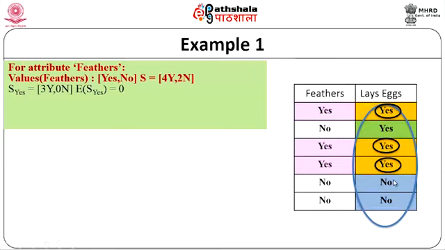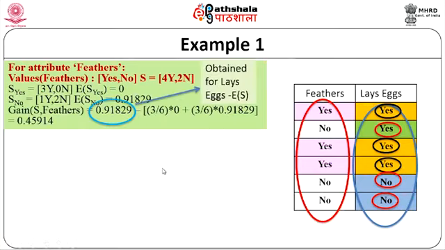So, the entropy is 0, as we told you: if everything has the same value, the entropy is 0. For no you have 3 no's, and in that you have 1 yes and 2 no's. The entropy of this, calculated with the positive and negative values as we did before, is 0.91829. The gain, if you split using feathers, is the value obtained for the whole set earlier minus what you obtain from here.